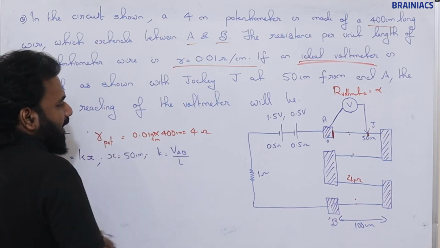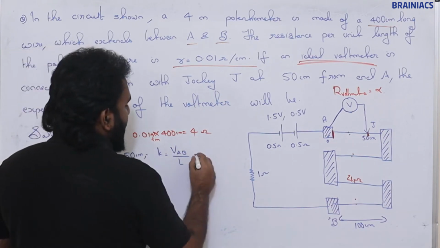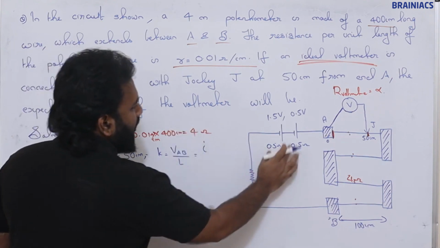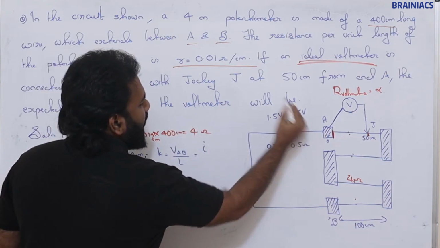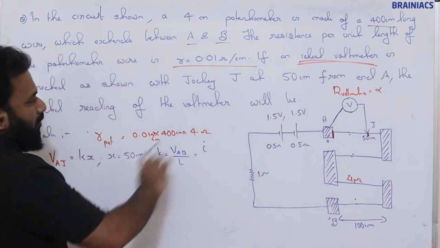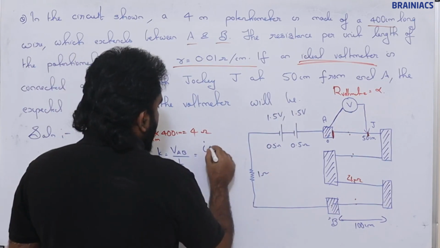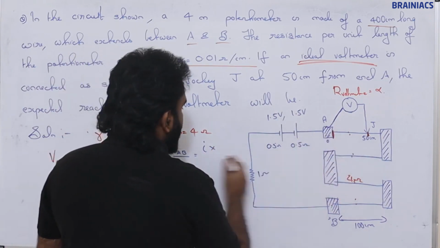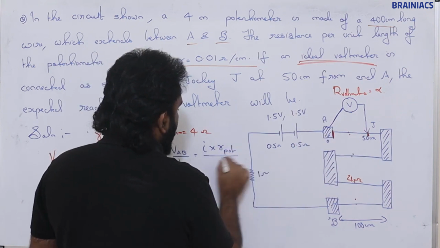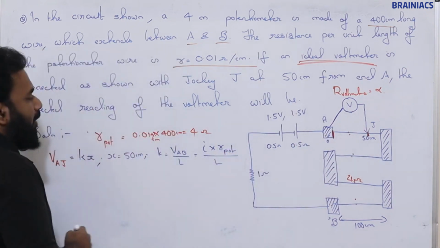This is the potential gradient. What is VAB? It is the current that is passing through the wire, I into what resistance? Potentiometer resistance. This is VAB.